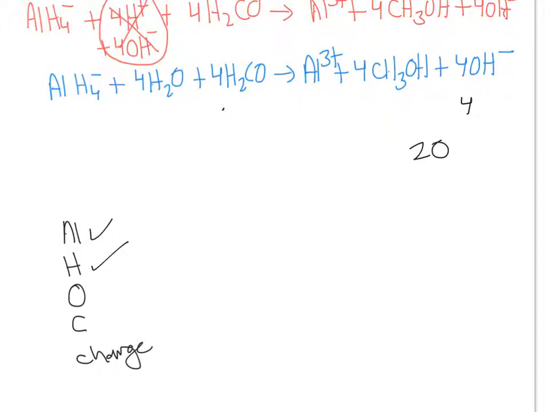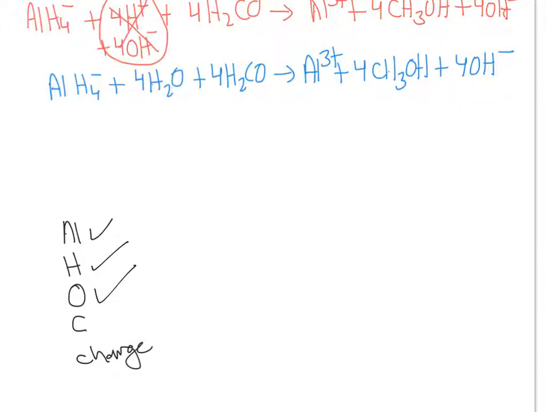Okay, let's move on to the oxygen. For the oxygen we have 4 here for a total of 8. Right here we have 4 and 4 for a total of 8, so that checks. So the oxygens are good. Let's look at the carbons.